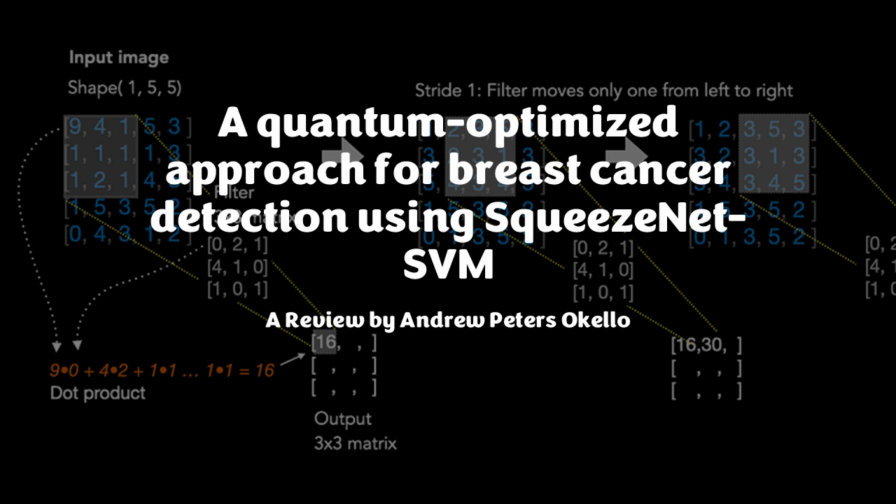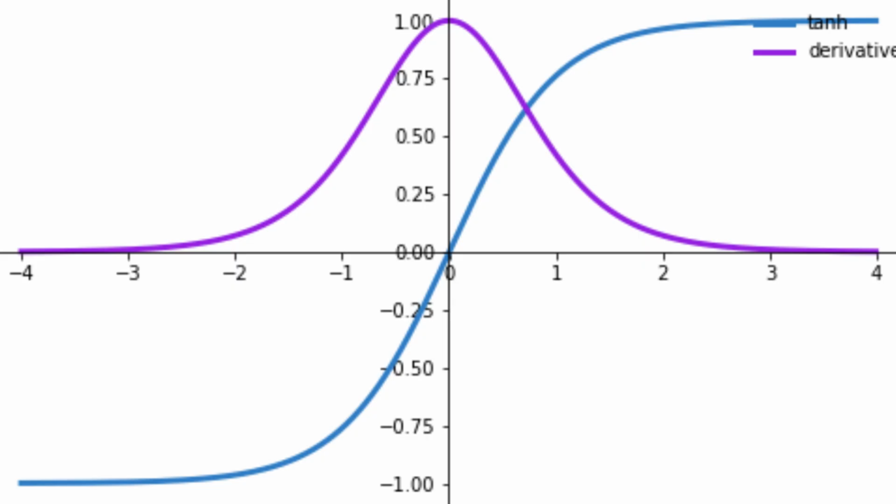Now, the activation functions and their impact. The paper primarily leverages the ReLU activation function, which offers several advantages. The first advantage is efficiency: ReLU activates only positive values, making computations faster and less resource intensive. Another advantage is avoiding vanishing gradients.